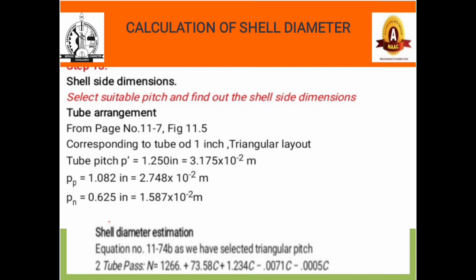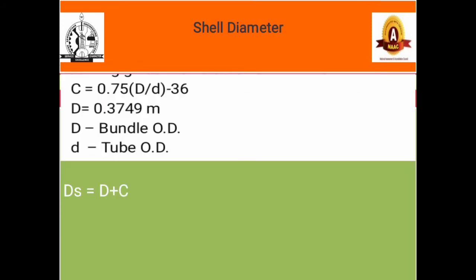Using equation 11.7, we can calculate the N value, and we calculate the C value. Then C equal to 0.75 D by D minus 36. Using this formula, we can calculate the shell side diameter, Ds equal to D plus C. Here D is the bundle OD, D is the tube outer diameter, and C we can calculate from equation 11.7. So using this formula, the shell diameter is calculated.